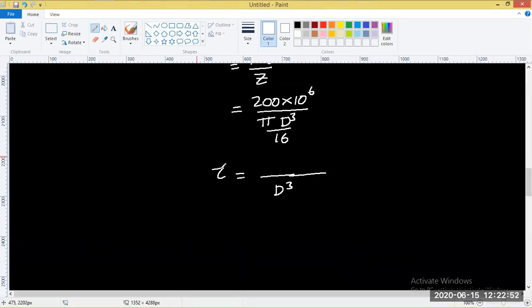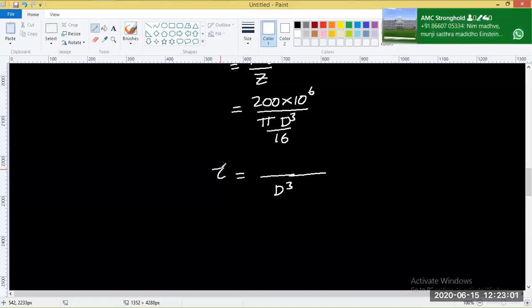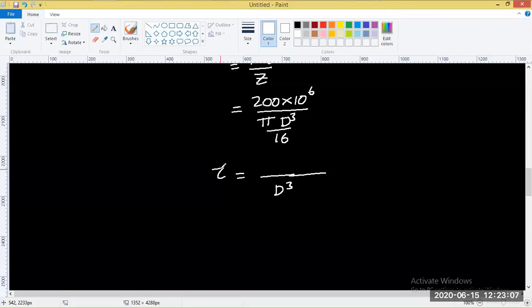So here we have a value like 1018.59 into 10 power 6. Right. So you got these two values.